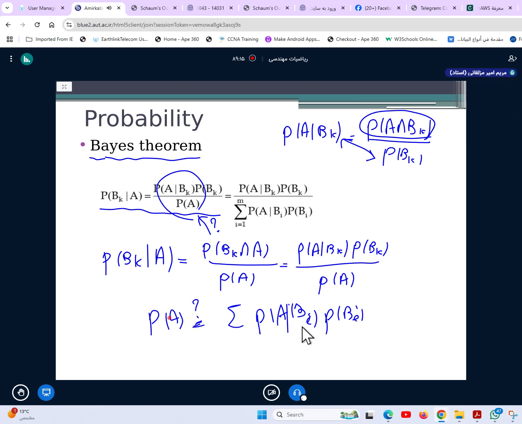Why is this equation correct? According to the total probability theorem. Yes, very good. According to the total probability theorem, it's completely correct.